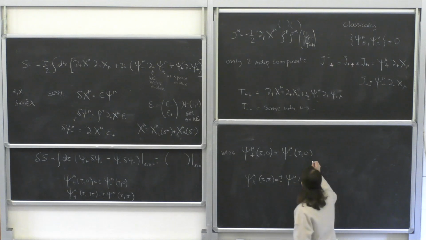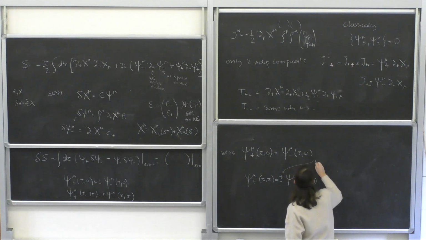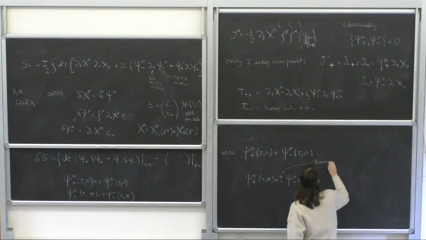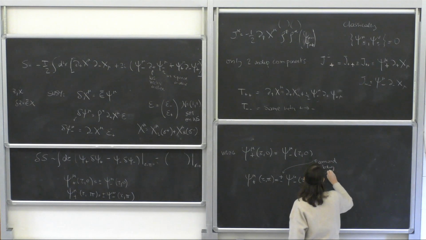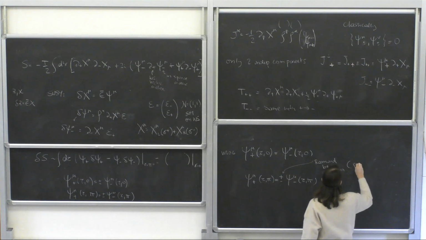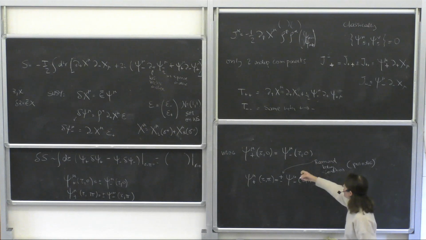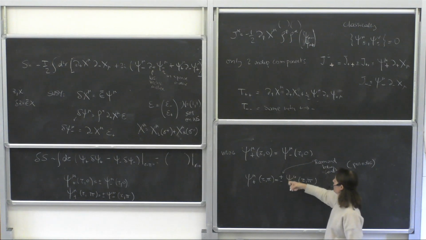The plus choice is called Ramond boundary condition, and it is periodic in the sense that you choose the same boundary condition at 0 as at pi.